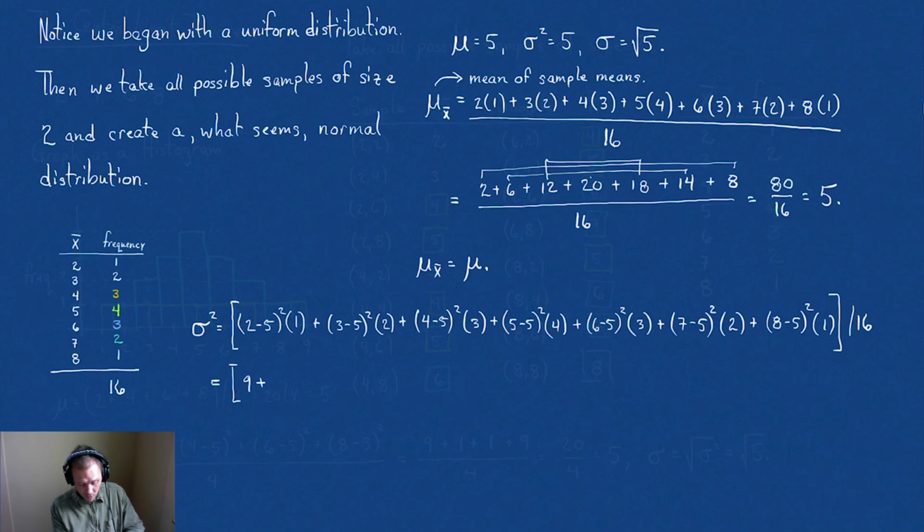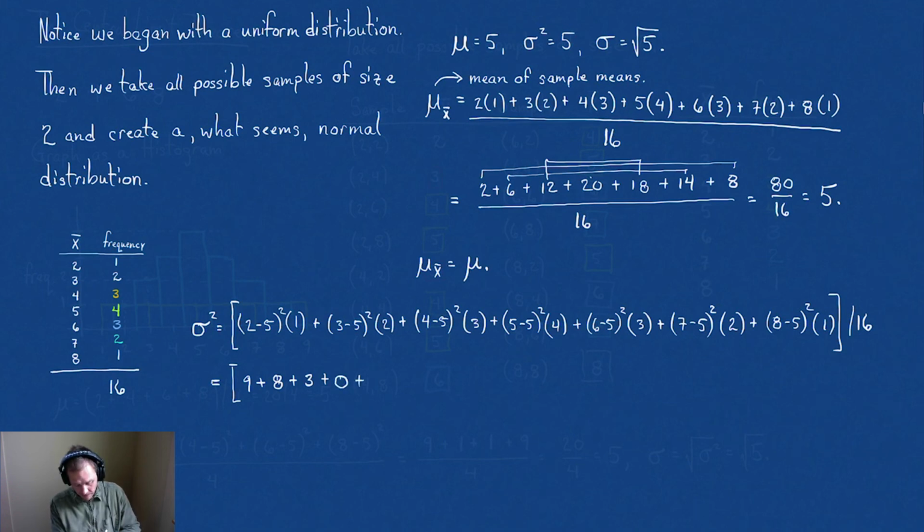We square it for 4, multiply it by 2 for 8. Plus 4 minus 5 is negative 1. Square it for 1, multiply it by 3. Plus 5 minus 5 is 0. Square it for 0, multiply it by 4. I'm going to just record the 0 just so we keep track.